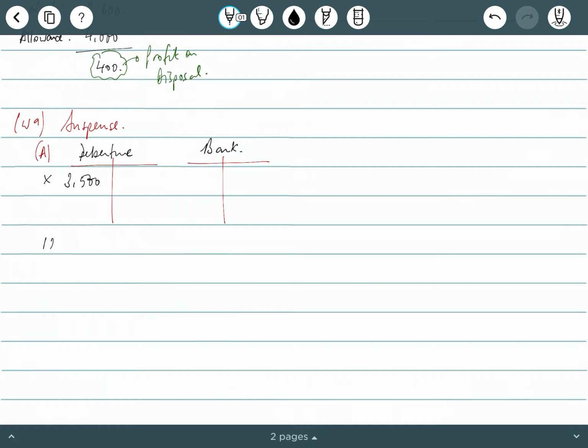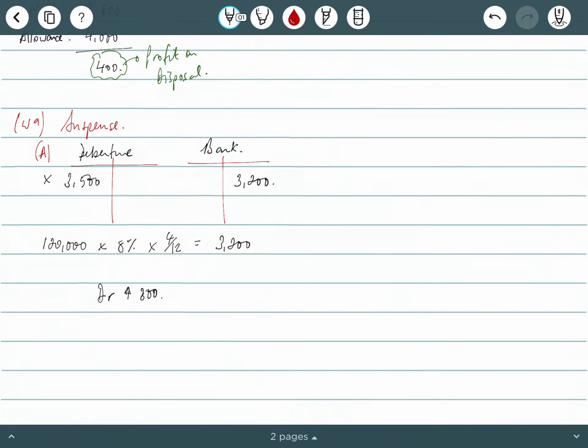So 120,000 times 8% times 4 over 12 is 3,200, which would be the correct figure for debenture interest. The correct figure went into the bank account on the credit side. Therefore we have the debit side up by 300 for that side of the suspense.